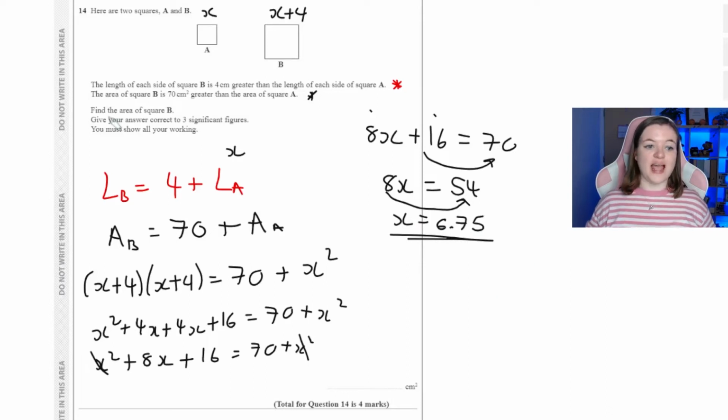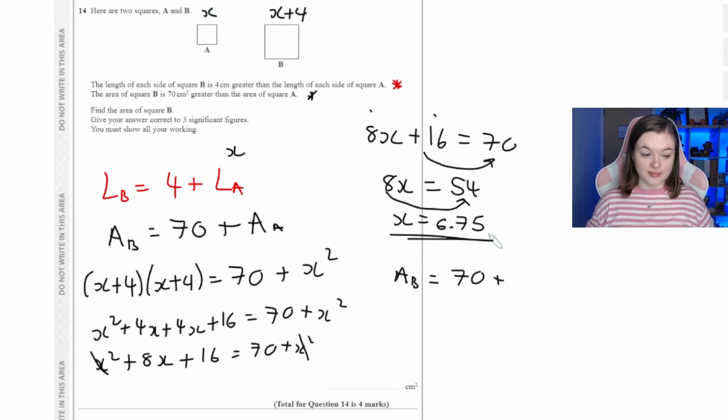We wanted to find the area of square B. Okay, so we know that the area of square B is 70 plus the area of square A. The area of square A was X squared. X we now know is 6.75.